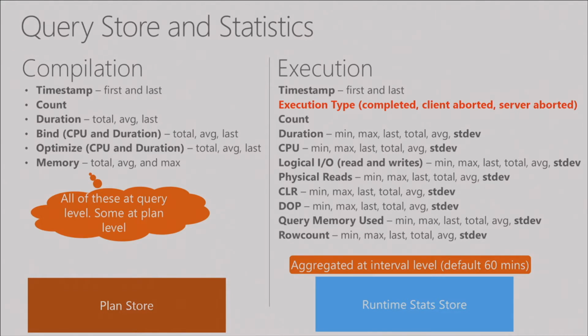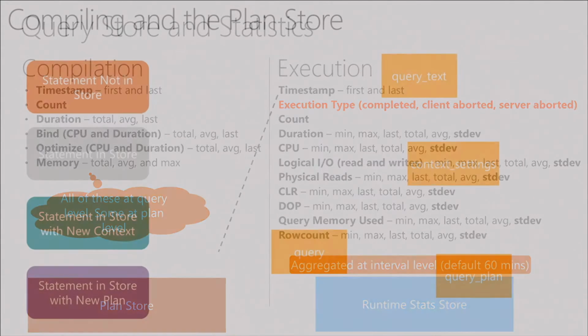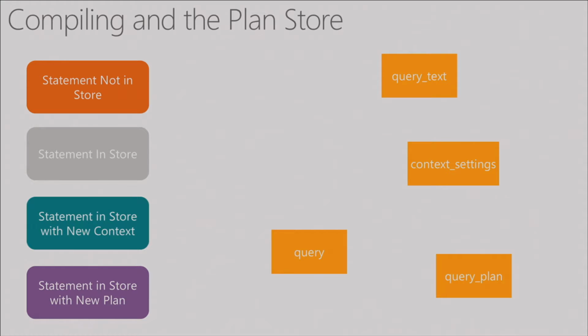And all of these are expressed as minimum, maximum, average, and standard deviation, right? So you have full statistics in place to do your analysis. Also, the last execution timestamp is part of the plan and query view. So if you need only the information about when the query was last executed, you don't need to go into the runtime statistics.